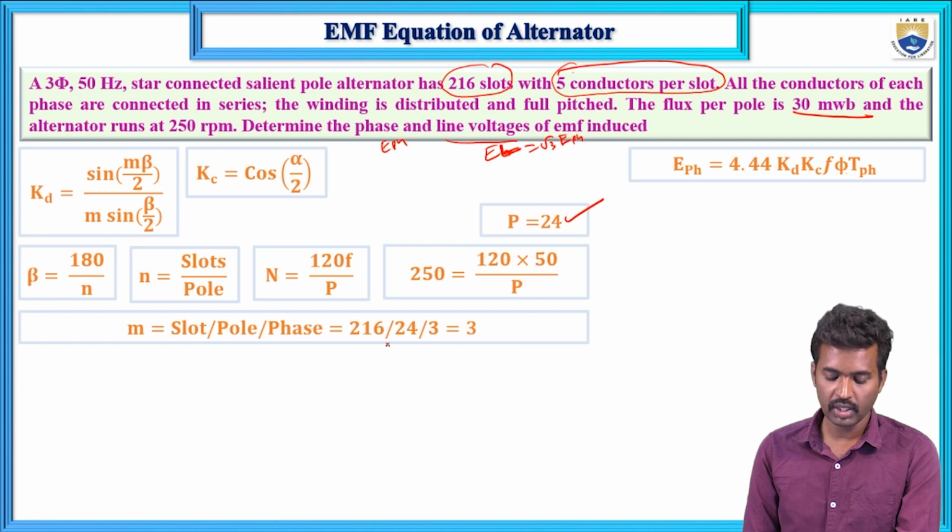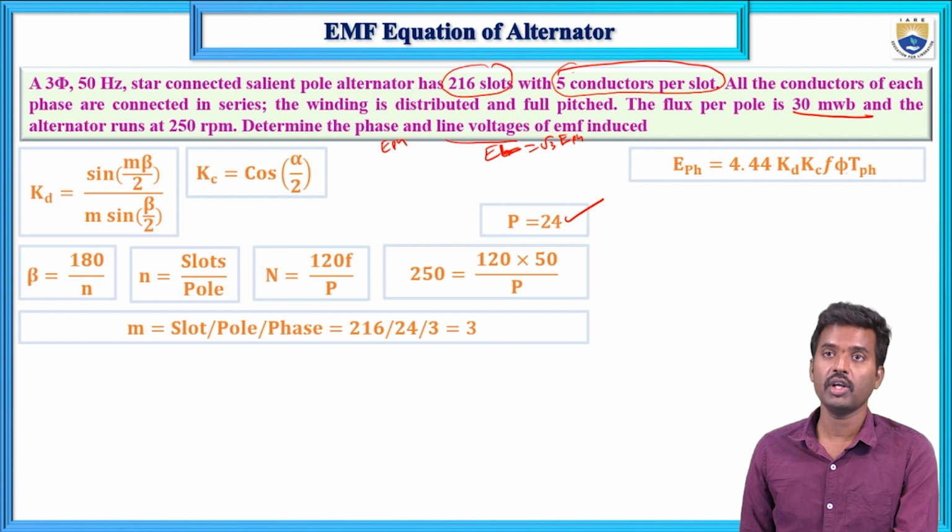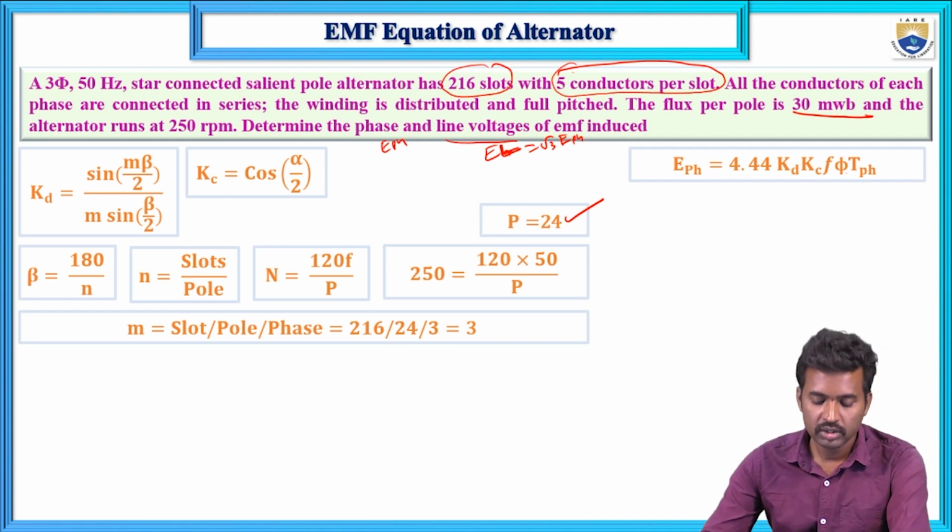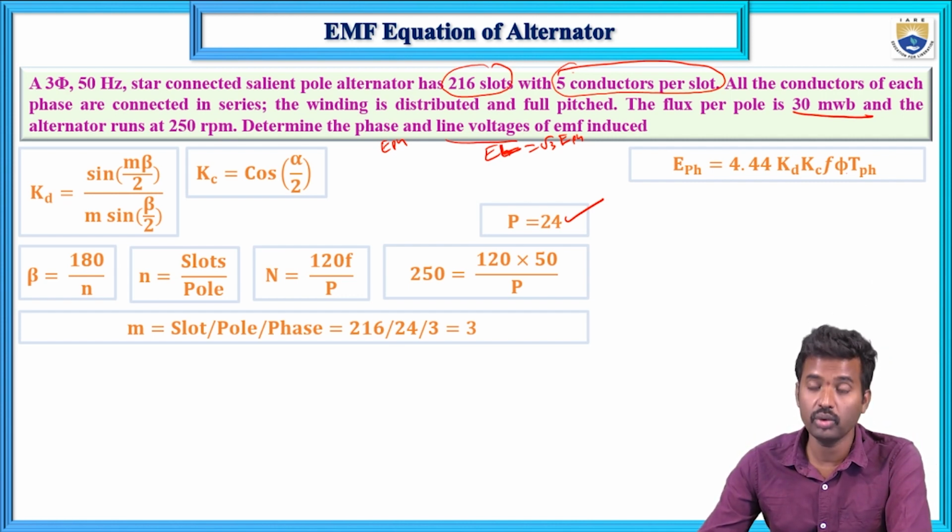M equals, what about M? M is the number of slots per pole per phase, and 216 divided by 24 by 3 equals 3 only. 24 into 3 and into 3 equals 216.